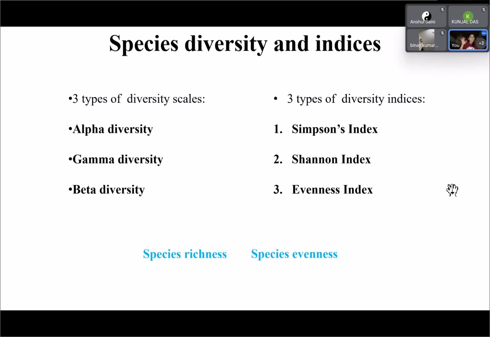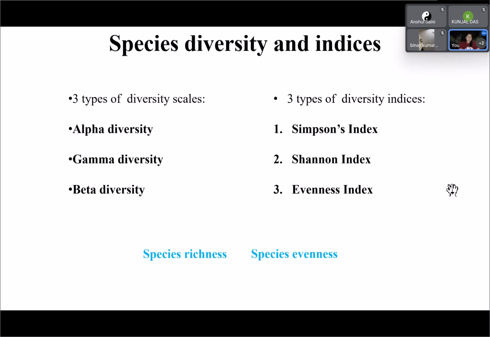So that's diversity that talks about the number. But that doesn't mean that if there is a greater number of species, it is a diverse region. That's because there are two interconnected concepts, species richness and species evenness, that come into play.